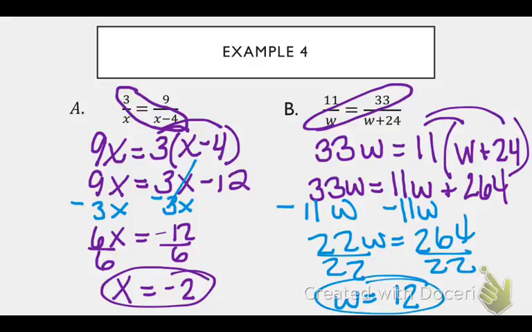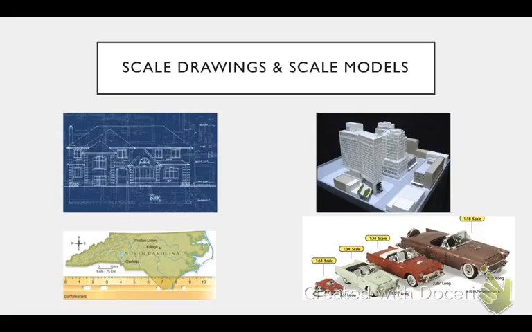Okay. Finally, some real-life examples of proportions and where they can be used would be with scale drawings and scale models. And these are just either two-dimensional drawings or 3D models of objects in which the actual dimensions are in scale with the drawing or the model.